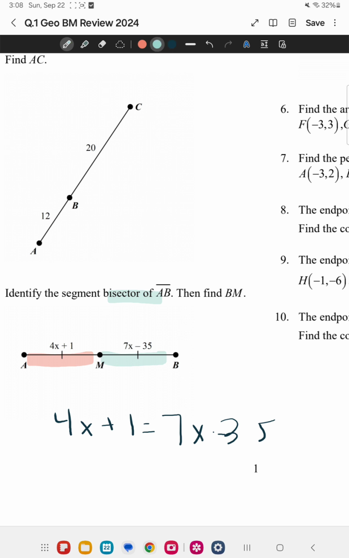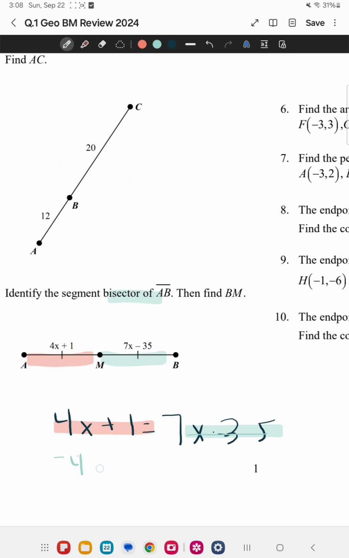And so we can see that this comes over here, and this one is over here. And when we solve from there, we're going to get all of our x's to one side and all of our numbers to the other side.